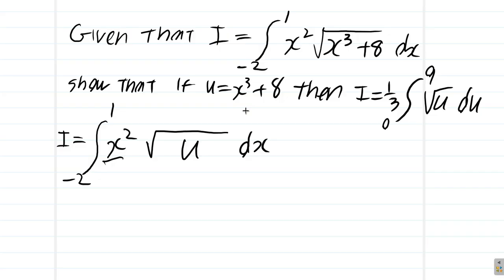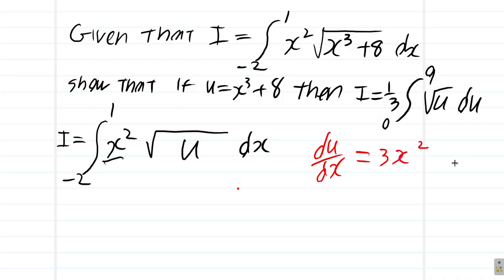So du by dx is equal to, when we differentiate this, 3x squared. Alright?